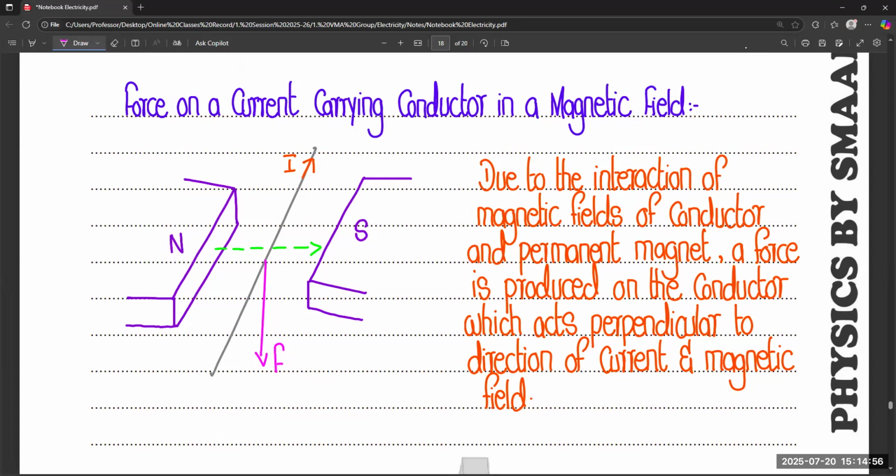Secondly, if we want to find out the direction of the force, because we don't know how to identify this direction and we are not doing practical experiments, there is one easy way to find out the direction of the force, or the direction of any unknown quantity given in this scenario, with the help of Fleming's left hand rule.